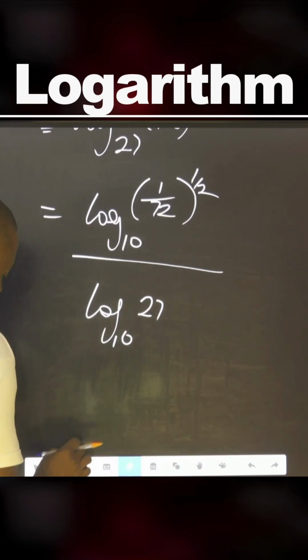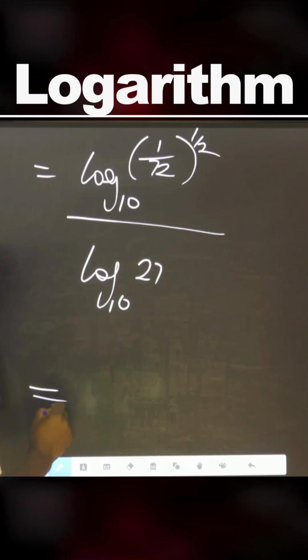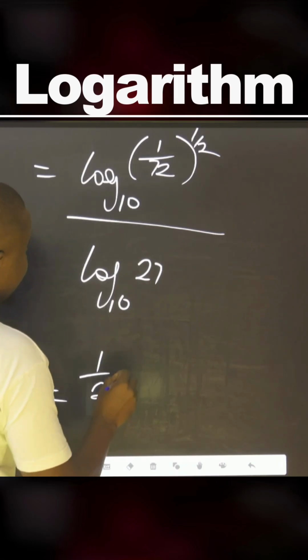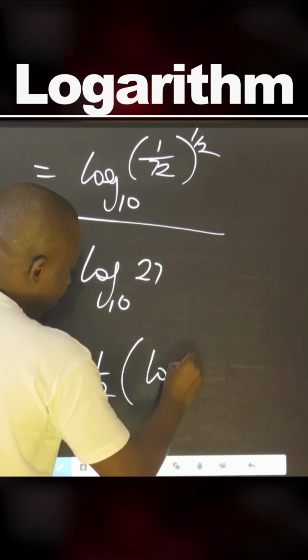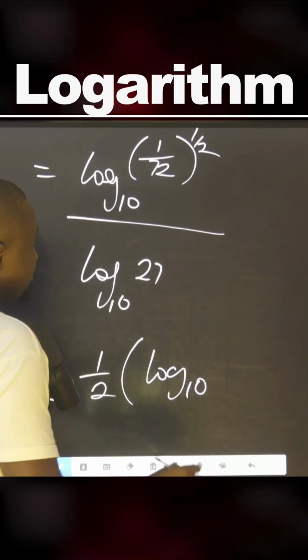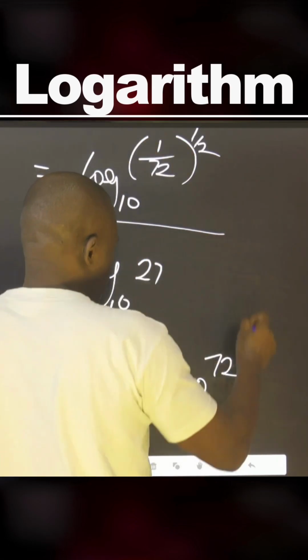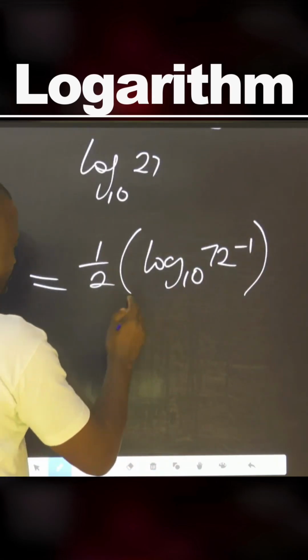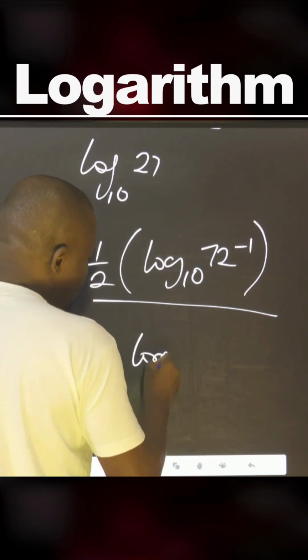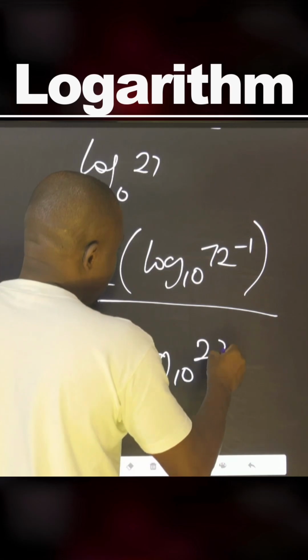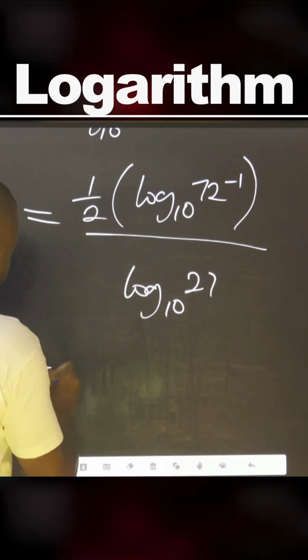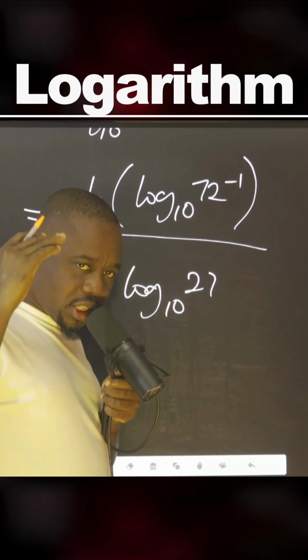So what we are going to do now is equal to this, log 10 of 72 minus 1. Remember, this is minus 1. Then we come here to say, remember, we are going to log 3 and log 2.